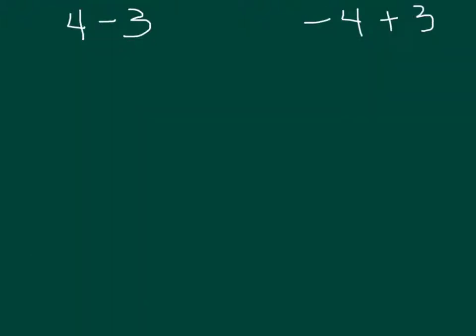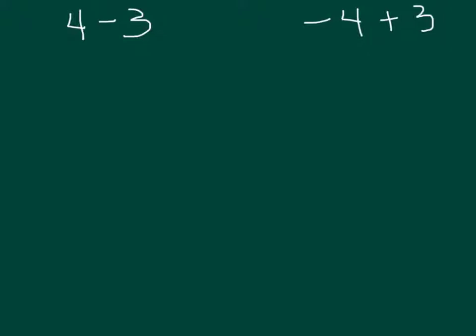Now, let's look at this one. And once again, I do not want you to look at this as 4 minus 3. This is a positive 4 and a negative 3. And what was our rule earlier? The rule earlier was same signs, sum, keep the sign.